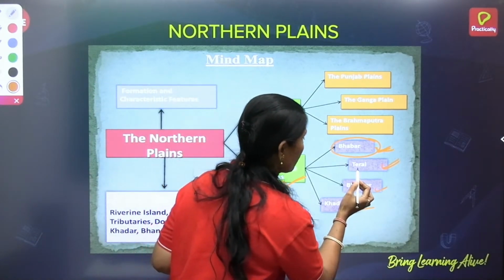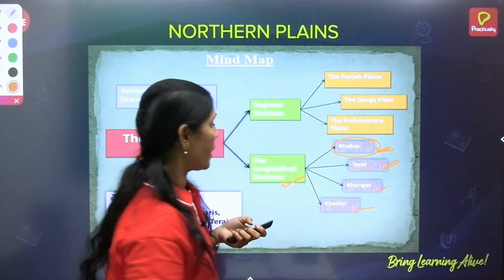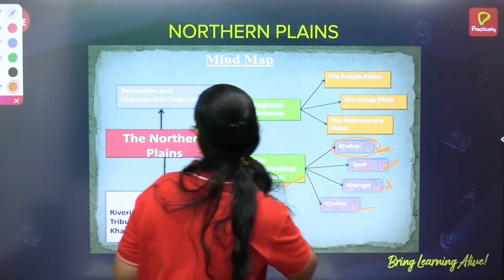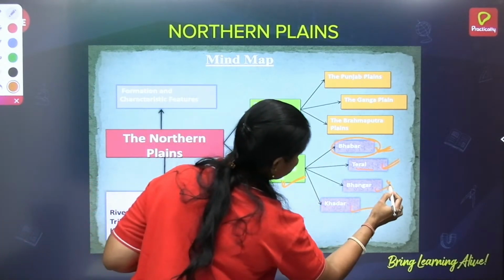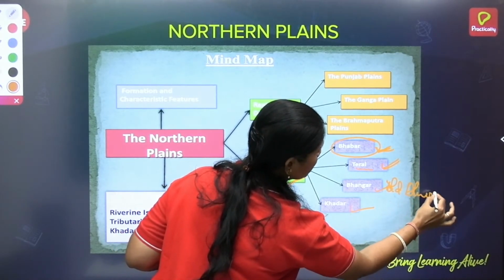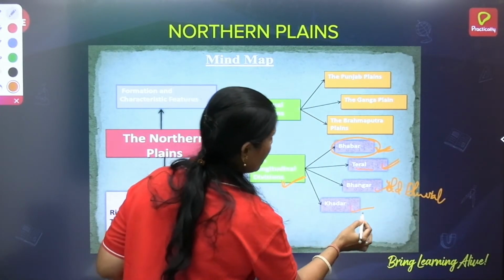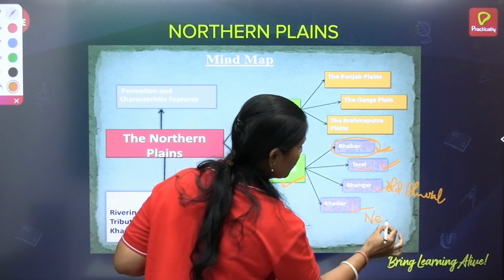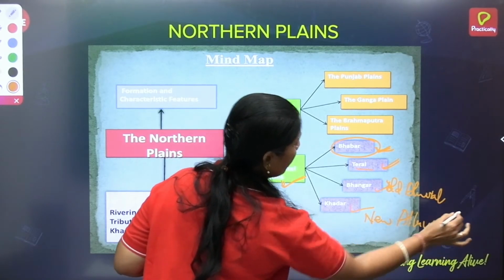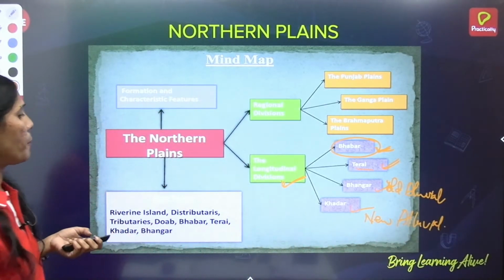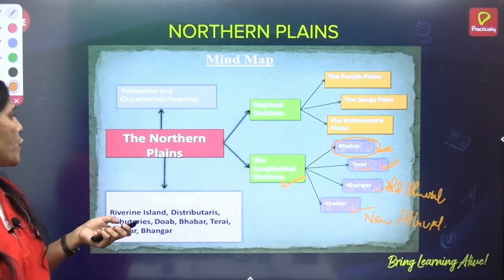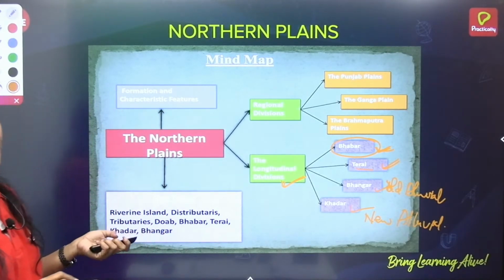Bhangar is old alluvial soil and Khadar is new alluvial soil. Based on these features, the northern plains can be divided longitudinally.